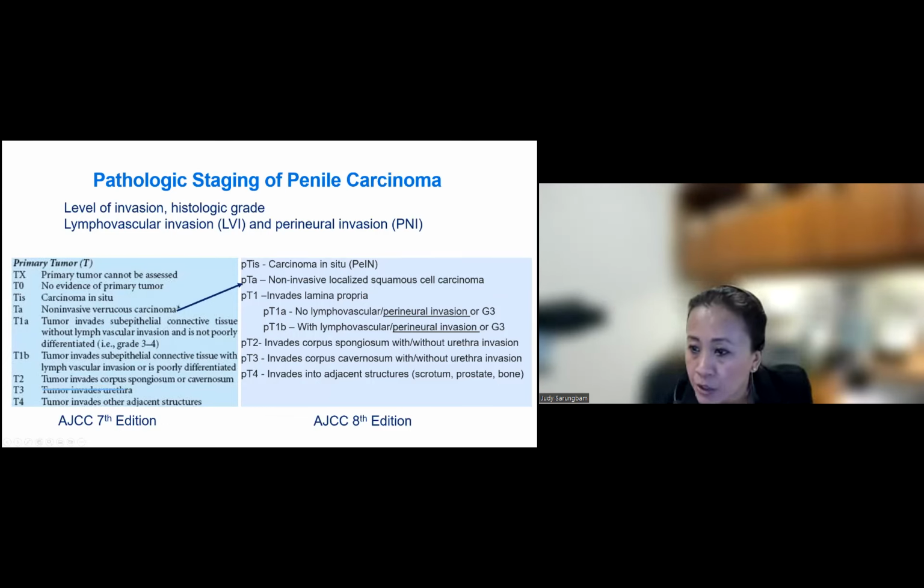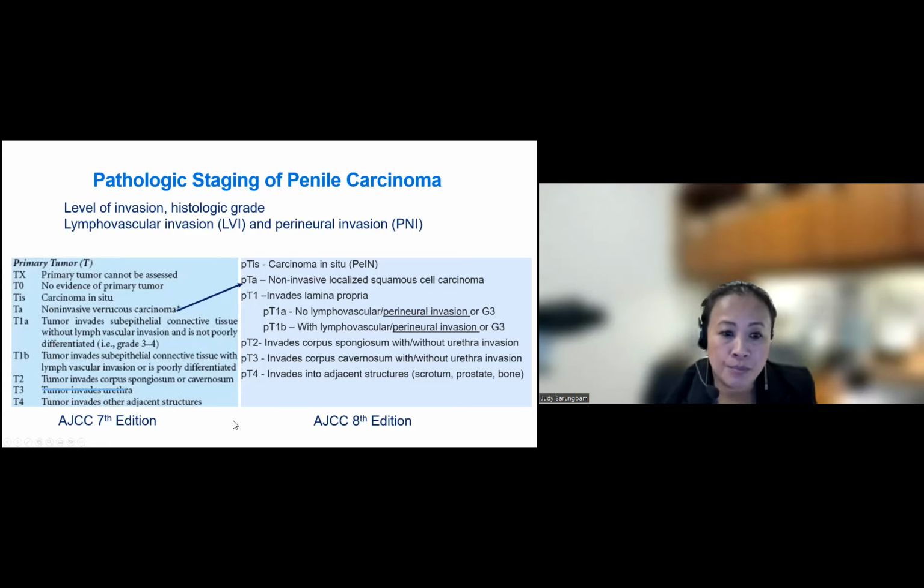Another thing is perineural invasion is now included in substaging of the pT1 tumors. The urethral involvement, which was initially part of pT3 in AJCC 7th edition, is no longer in the 8th edition.